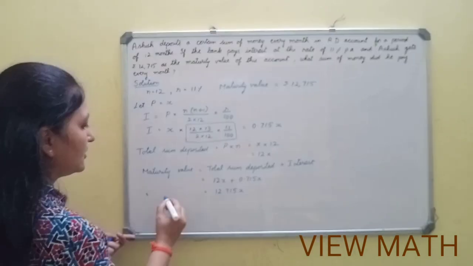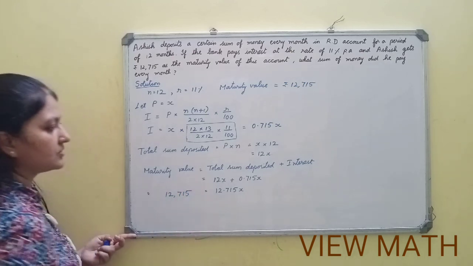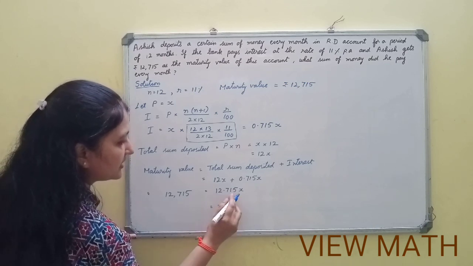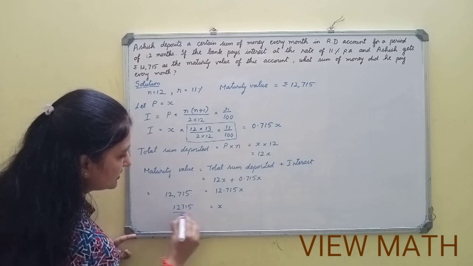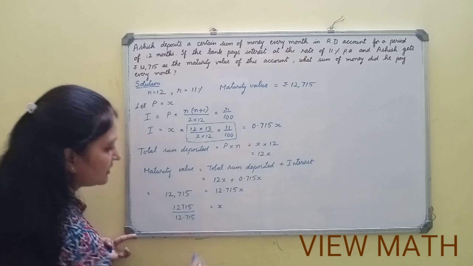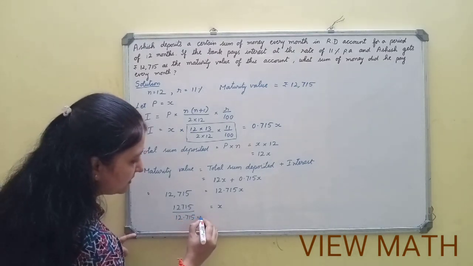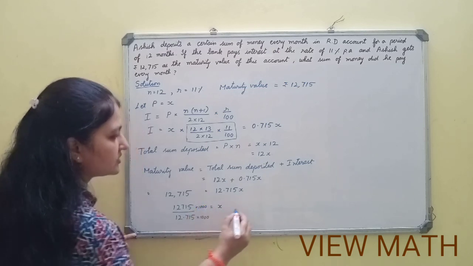Now what is the maturity value given in the question? It is 12,715. So I have to find out X. So let me keep X one side, let me bring this to the other side. So it is 12,715 divided by 12.715. So first let me remove the decimal and then I have to multiply the denominator by 1000 and numerator also by 1000.